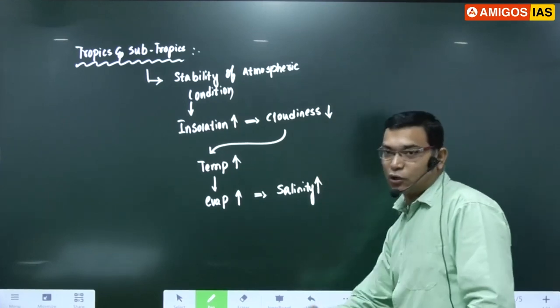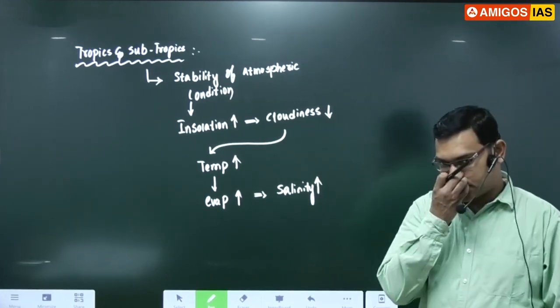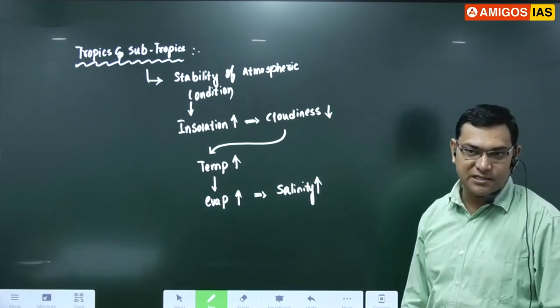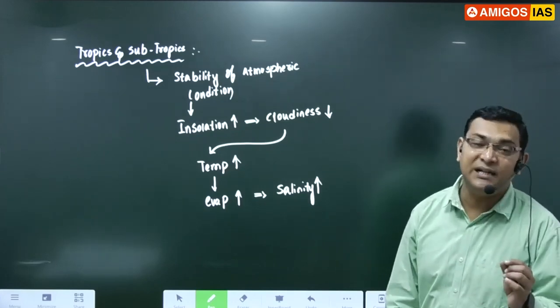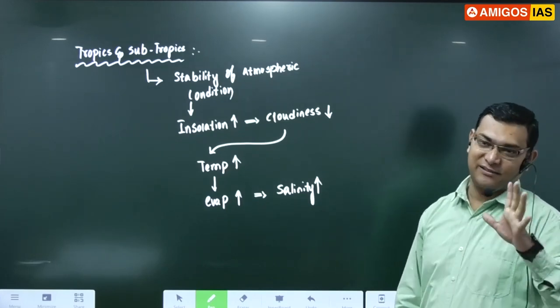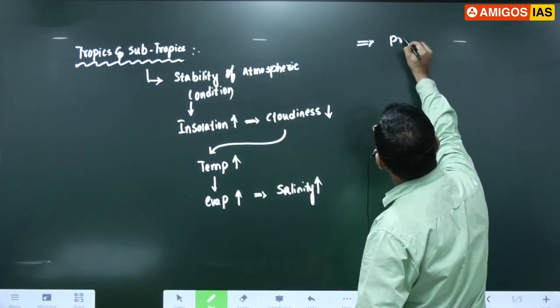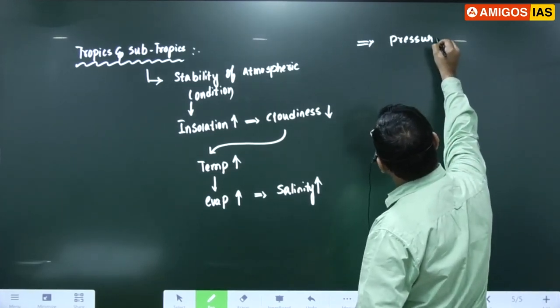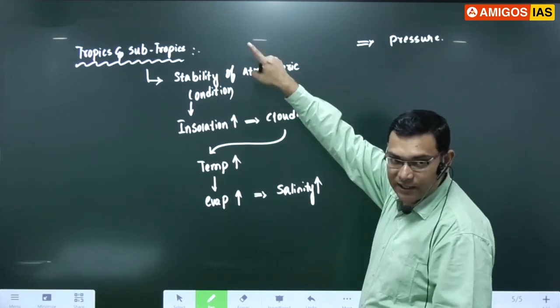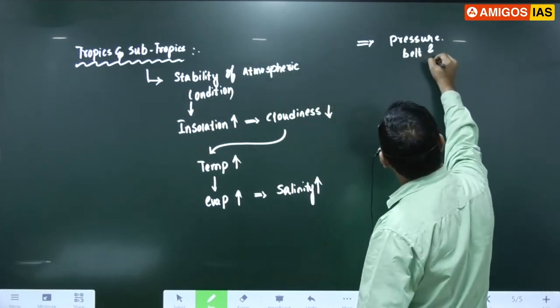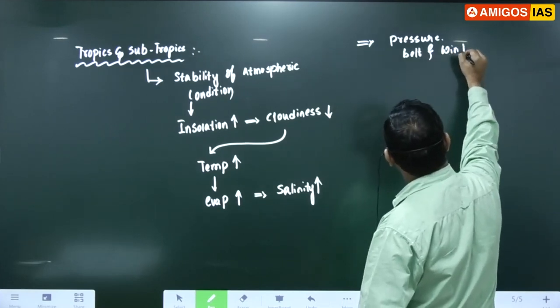But within the tropics, there will be other factors affecting these tropical areas. What is that? Pressure belt as well as wind direction. So another factor affecting it, second, is pressure belt and wind direction.